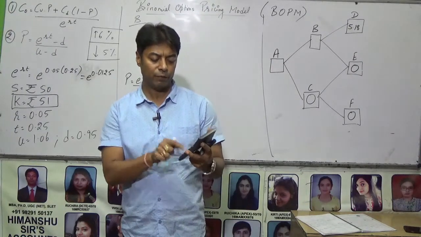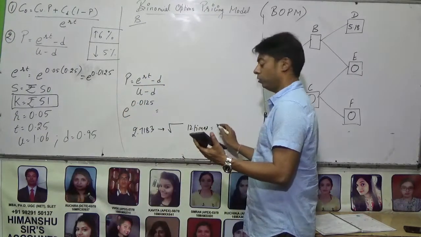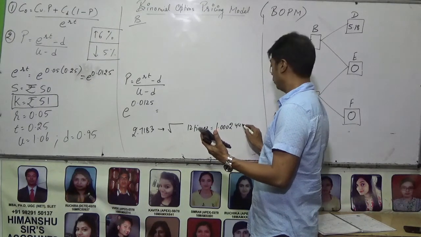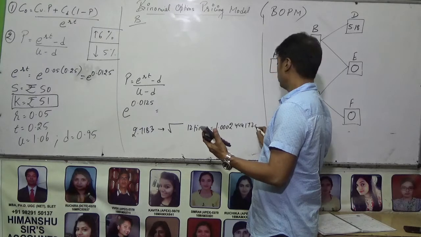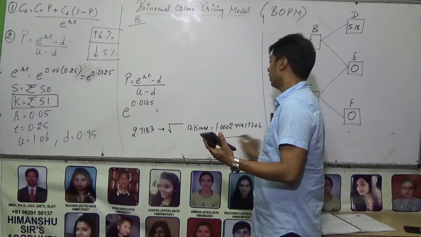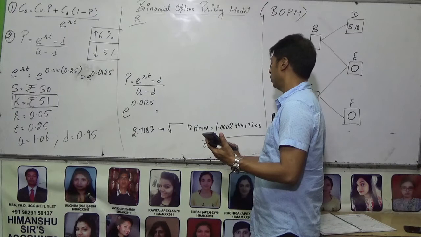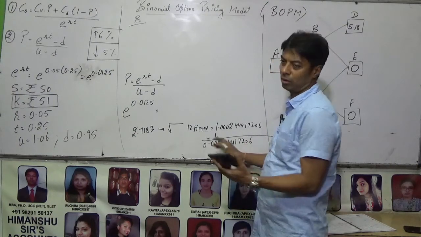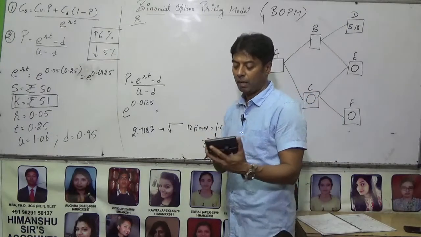Then subtract 1 from it, right? You will get the value 1.000244172206 and so on. Subtract 1 from it, you will get 0.000244172206 and so on. You don't need to write down this value.